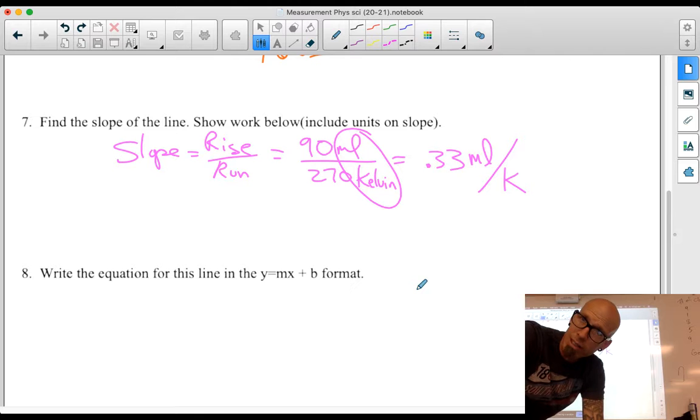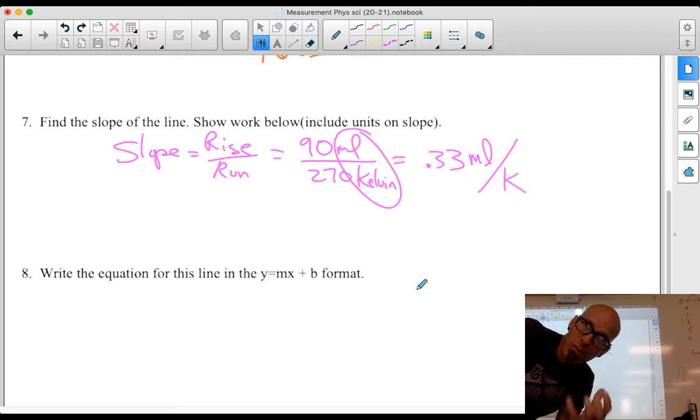So how do you write that out in a sentence? I would add the variable names. It's 0.33 milliliters of what? Volume change for every 1 Kelvin, right, of temperature change.